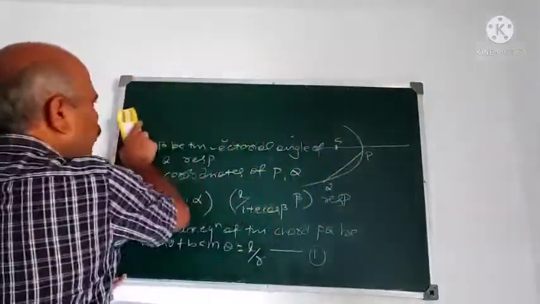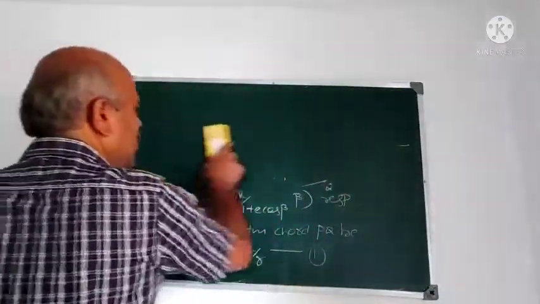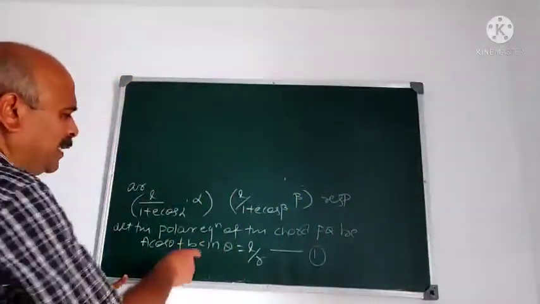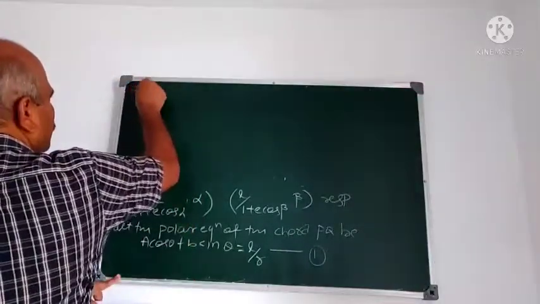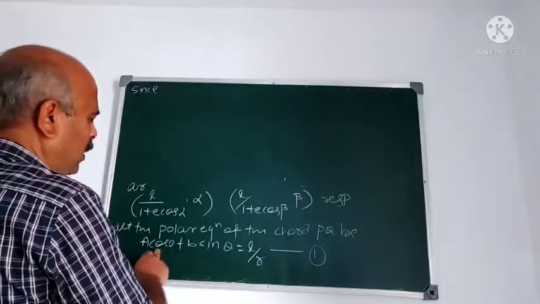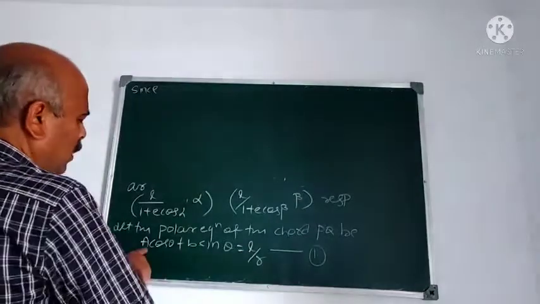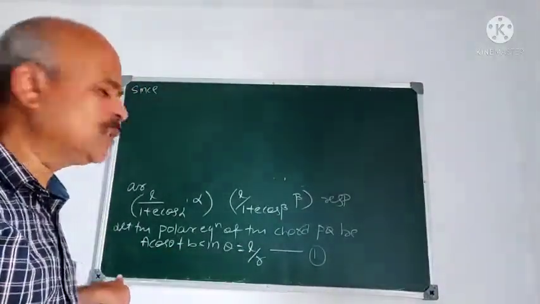Now we have to find A and B using the fact that PQ lies on this line. Since this is the polar equation of the chord, if you find A and B, then that becomes the equation of the chord.